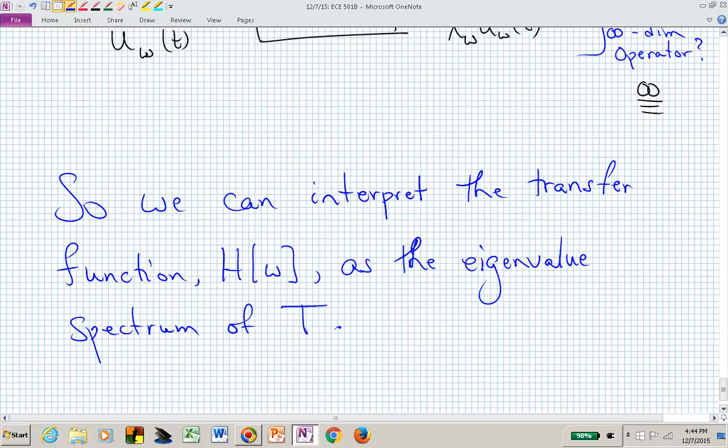Because at each omega we can evaluate H of omega. For a fixed omega, capital H of omega will just give us a complex number. And that has a magnitude and angle which will tell us how the system behaves. And so that's the scaling that is going on at a given frequency.